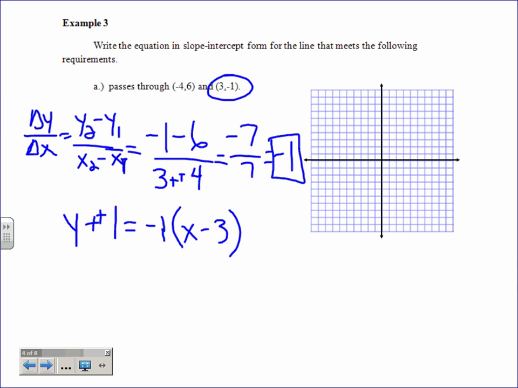What would be a good next step? Yeah, distribute the slope. Negative x. Careful. I distributed the negative 1 to there. Plus 3. Very good. So, as written, correct or incorrect?